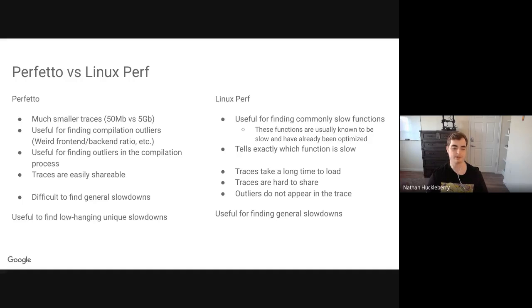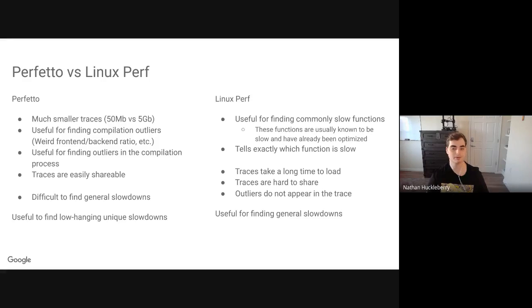But I found it was difficult to find general slowdowns, for example, a single function that's causing a large slowdown in the code base. So Perfetto made it really easy to find low-hanging unique slowdowns, but not necessarily slowdowns that would greatly increase the compiler overall speed.